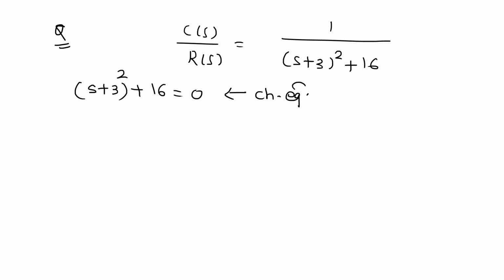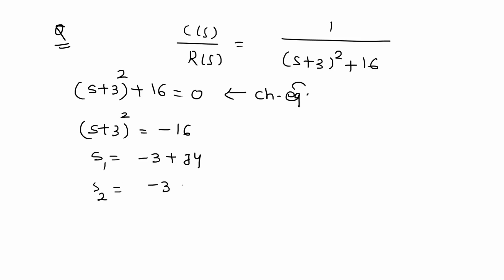Once you know the characteristic equation, you find the pole location. Solve (s plus 3) whole square equal to minus 16. Then s equals minus 3 plus j4, and the other one, because it is a second order system, is minus 3 minus j4.